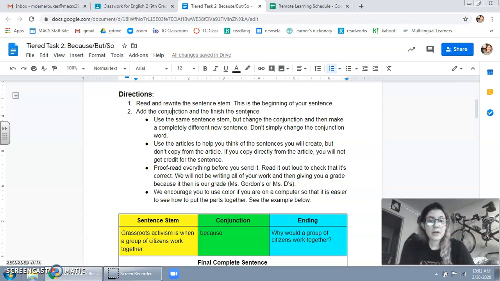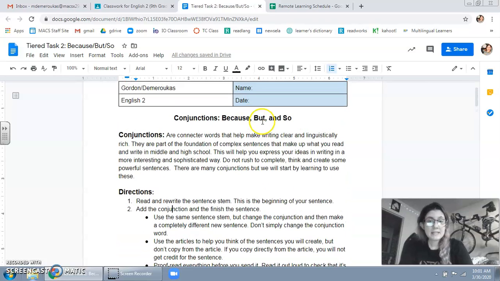If you use the word but, it means that there's something opposite or oppositional or maybe an obstacle or a barrier, something is in the way. And so is a conjunction we usually use to show that there's some kind of result or effect, right? So it's going to change the kind of sentence you write. You're not going to write the same sentence 3 times with just a different conjunction, okay?